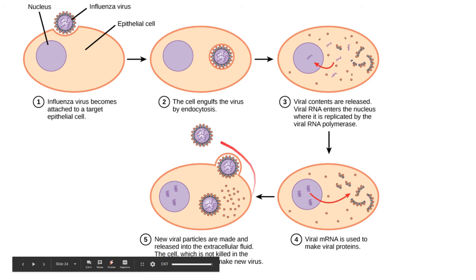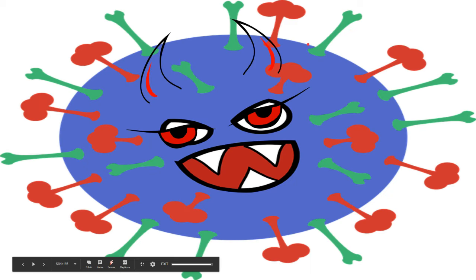Then, when the host makes new cells, instead of producing its own DNA, they produce the virus DNA instead. So that's how the virus expands. Earlier I told you bacteria have a good and a bad side; unfortunately, the virus only has a bad side.